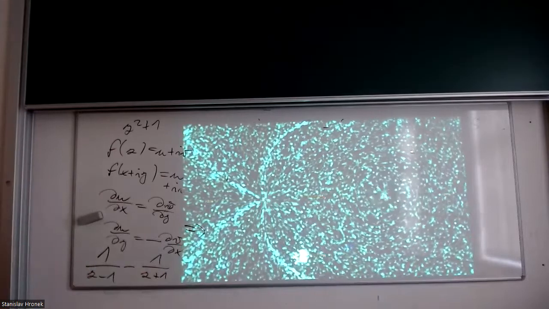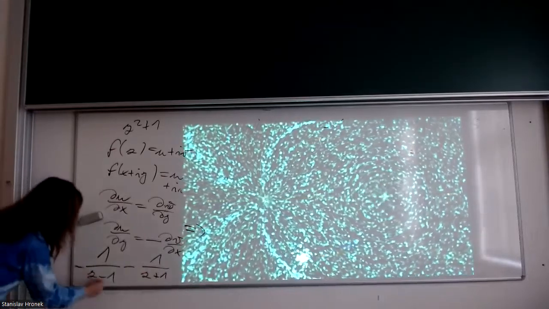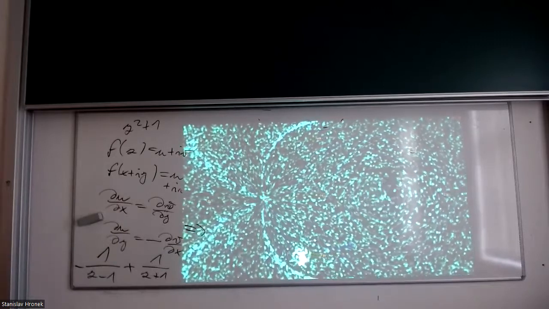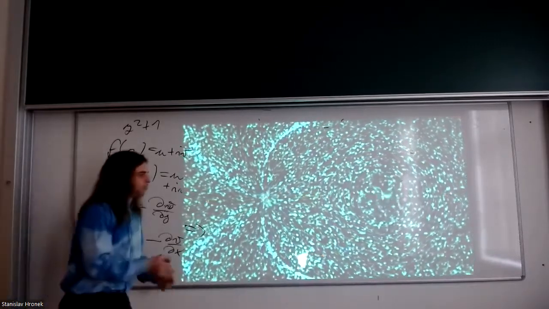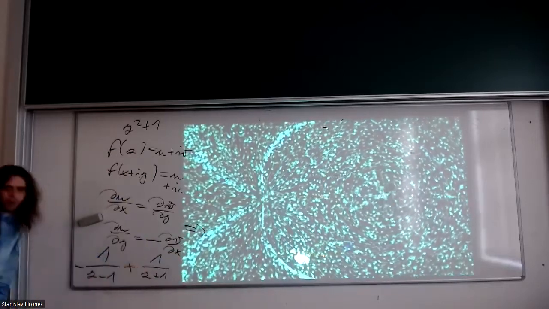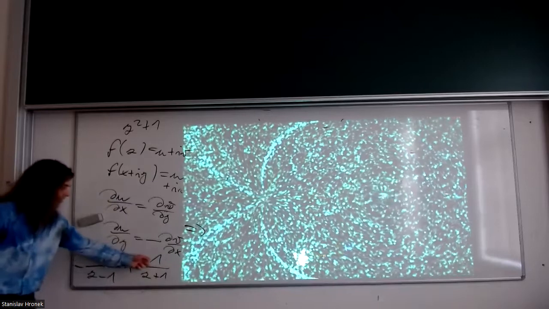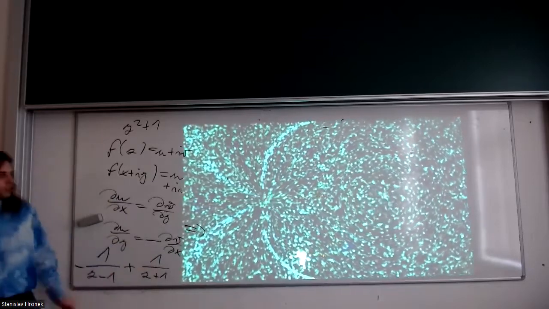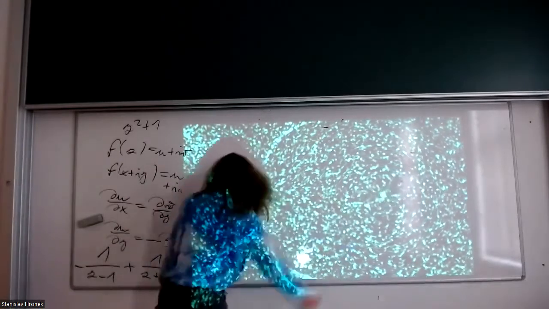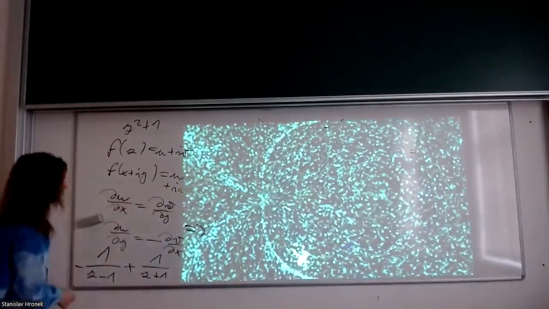So, essentially, I flip this sign. Exactly. So, in this picture, we have a hole in the point minus 1, and it has a positive number in here, so that means it's going to be a source. Oh, no, it's not.